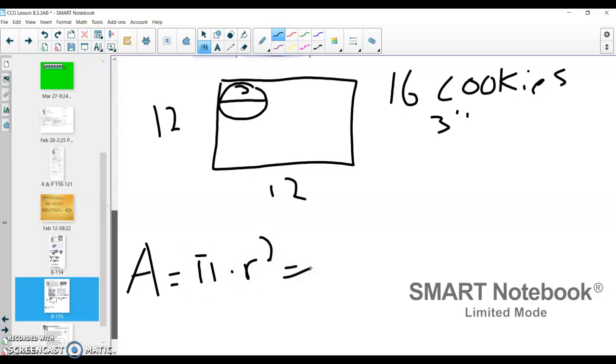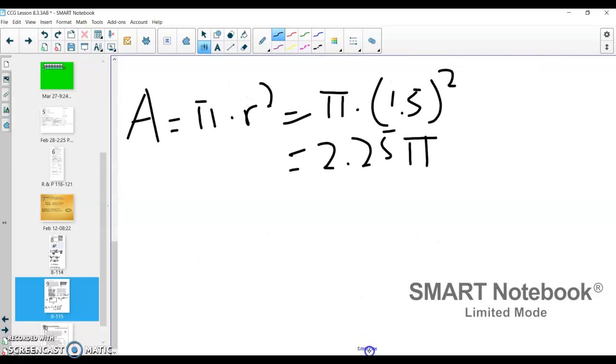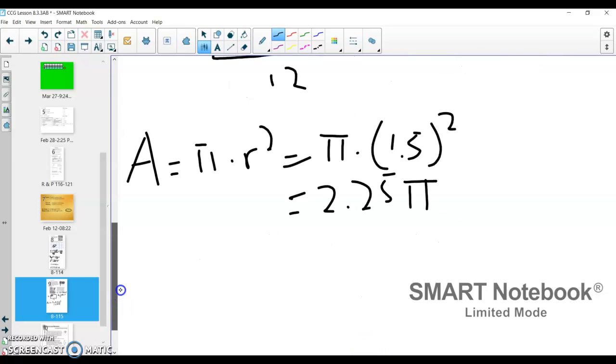My diameter is 3, and my radius is half of my diameter, so I get pi times 1.5 squared. What this gives me is 2.25 pi, the area of just one cookie.